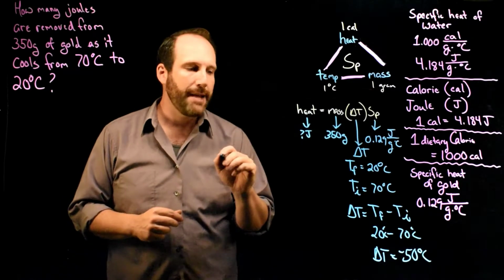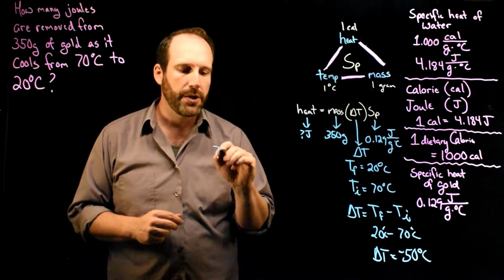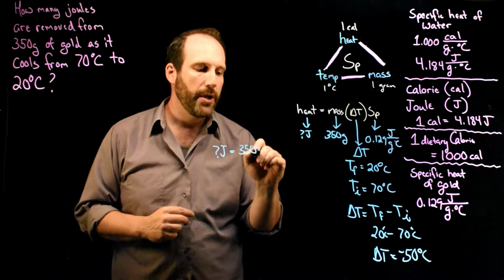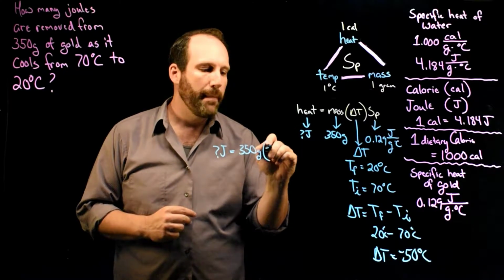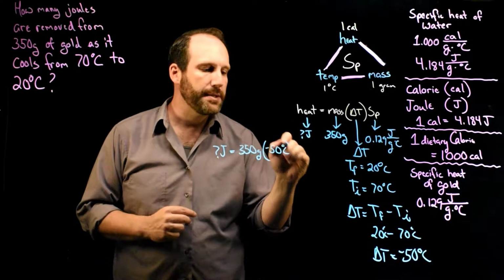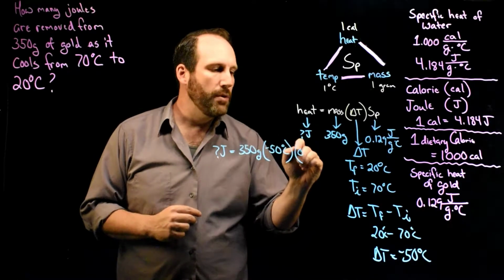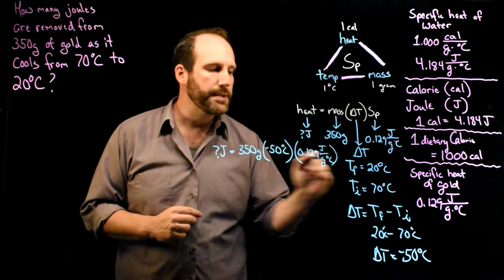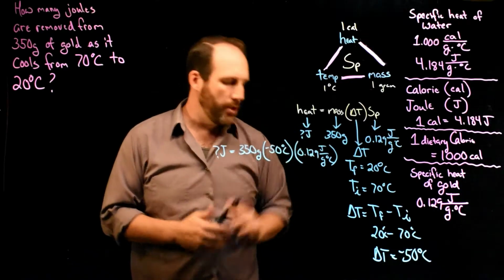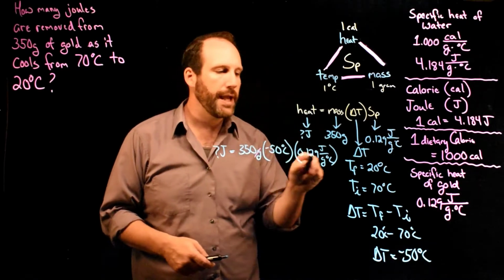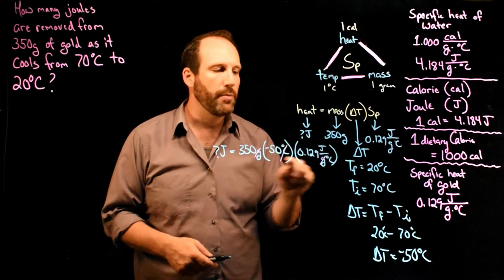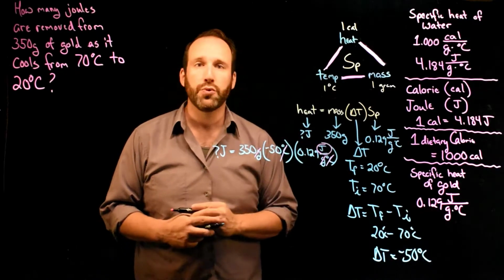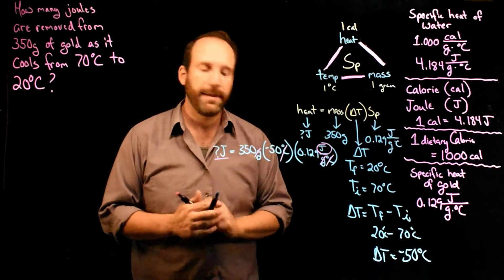So we know that heat is what we're searching for. So our number of joules is going to be equal to 350 grams times minus 50 degrees Celsius times 0.129 joules per gram degree Celsius. And remember, we've got grams in the numerator and the denominator, so those will cancel. We've got degrees Celsius in the numerator and the denominator, so those will cancel. Our only unit left is joules, and that's what we're looking for, right?